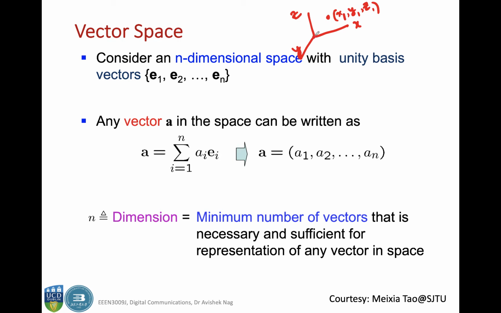If you draw a line from the origin, then this is also a vector which has dimensions x1, y1, z1 in x, y, and z directions respectively, and the final resultant direction of this vector is denoted by this arrow.